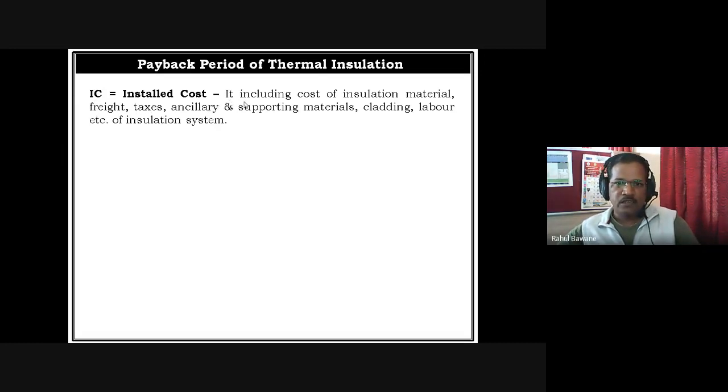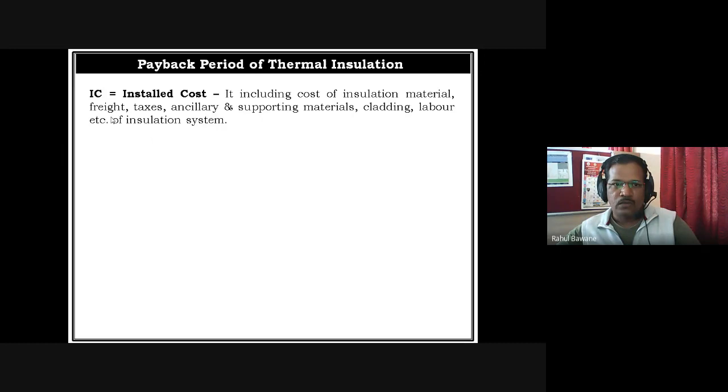So what is the installation cost? It includes the cost of insulation material, that is, the purchase cost of the insulating material, freight, then taxes, then ancillaries and supporting material, then cladding, and labor cost also.